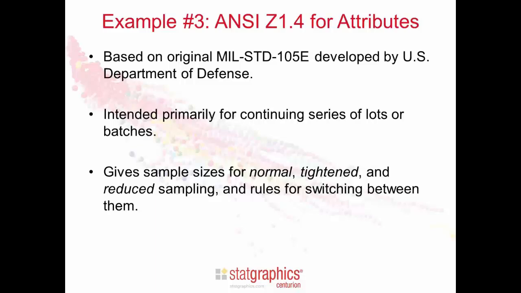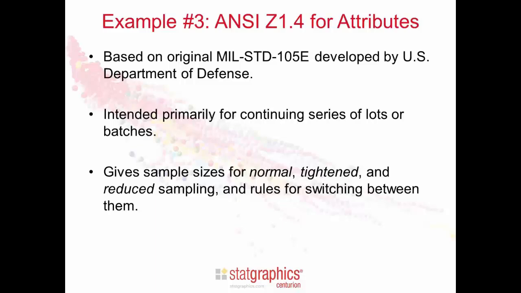The normal sampling is where you would start out. Okay, and it gives a particular sample size. If in doing the sampling, it turns out that you start rejecting a lot of lots, there's a rule for when you need to switch to what's called tightened sampling.